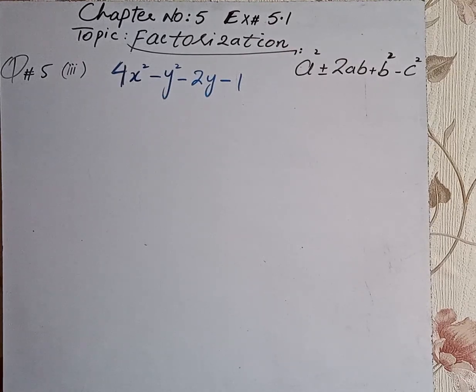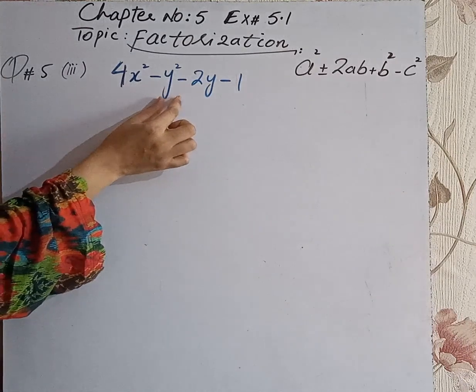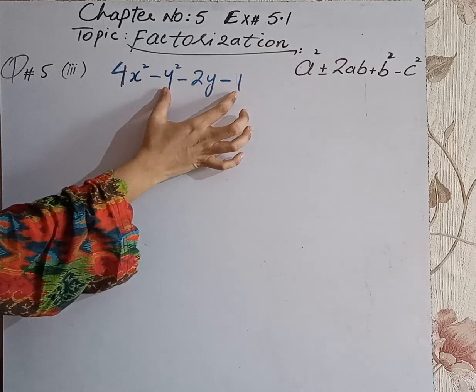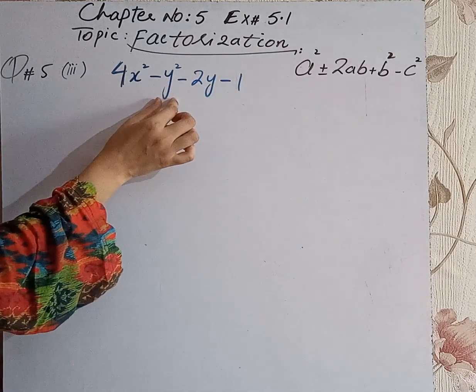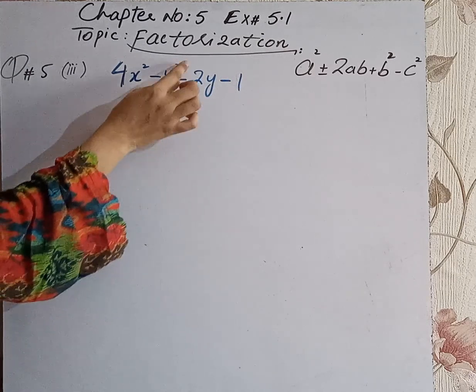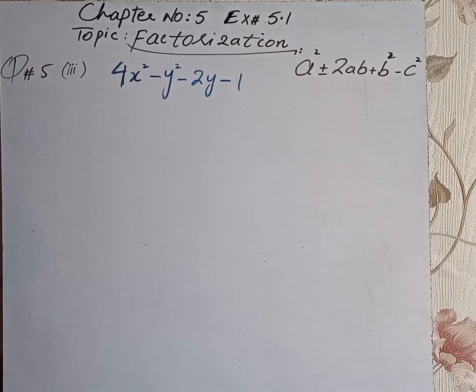Okay guys, part 2 is also the same, so we are going to do part 3. These all 6 parts are almost the same. So here again we will have to judge which 3 terms can be separated from the fourth one. This is 4x squared, this is y squared, y and 1. This again can be a quadratic equation with the variable y, because it's a square of variable y, then y and the constant term.